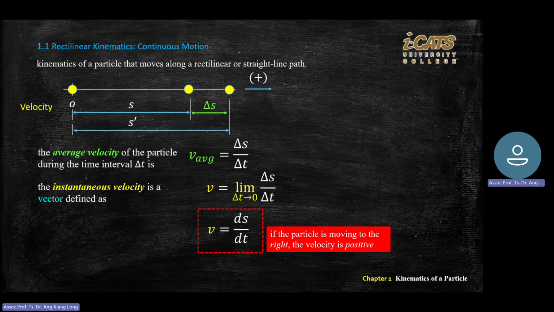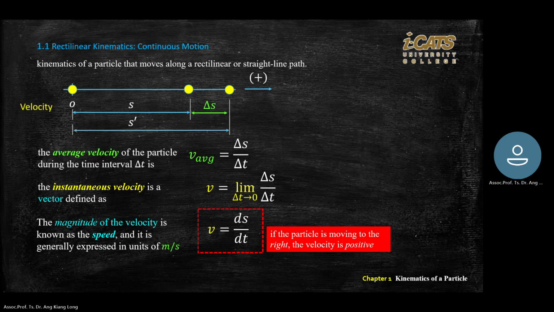Velocity is a vector. Just to recap, speed is just a magnitude, a scalar. Scalar is a magnitude; vector is magnitude plus direction. Unit is important in this module. Always use SI units: meter, kilogram, second, and so on. We do not use imperial.